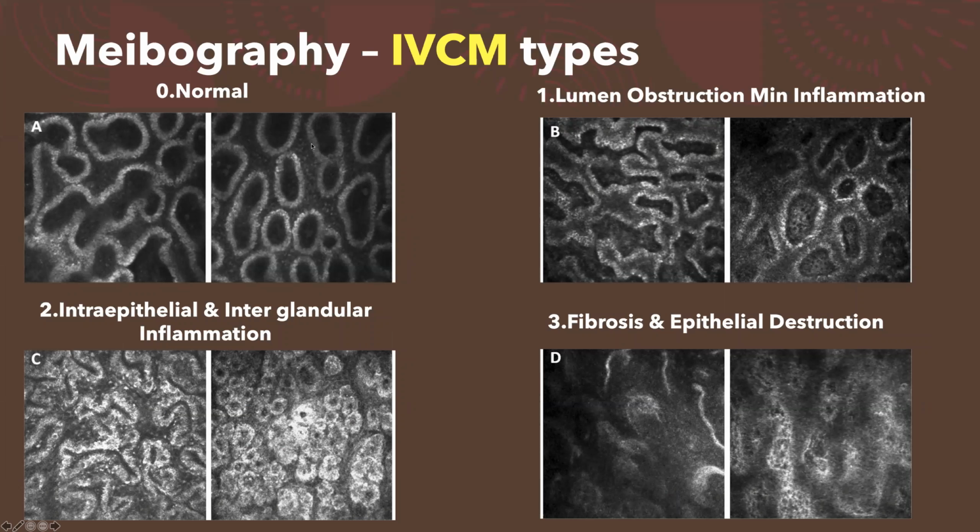Next is picture C, or type 2, where you see intraepithelial and intraglandular inflammation that is much more pronounced than the previous picture. And the final stage is fibrosis and epithelial destruction, where you don't see any glands or lumen at all.